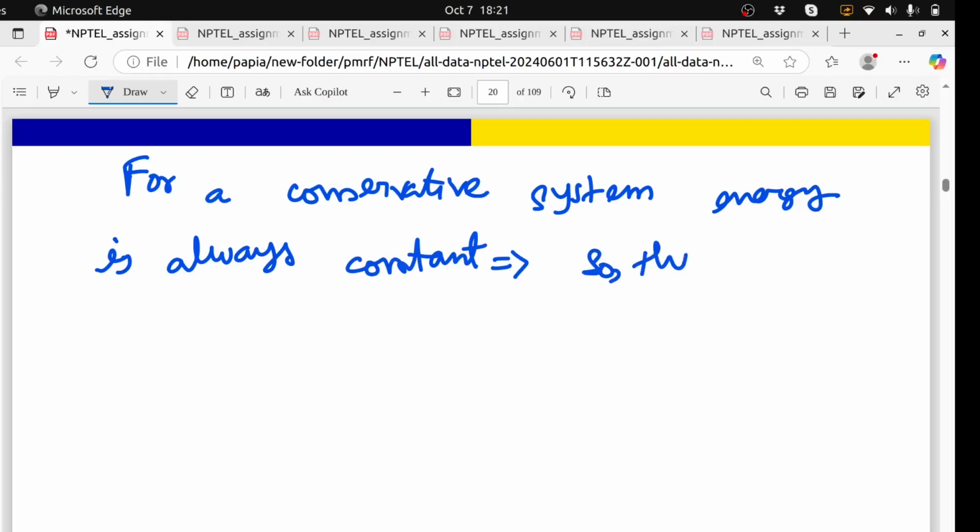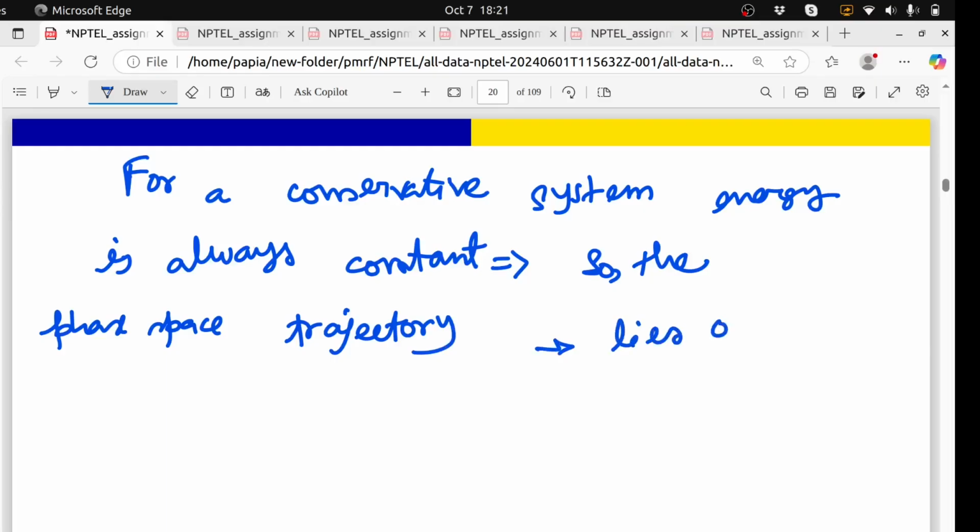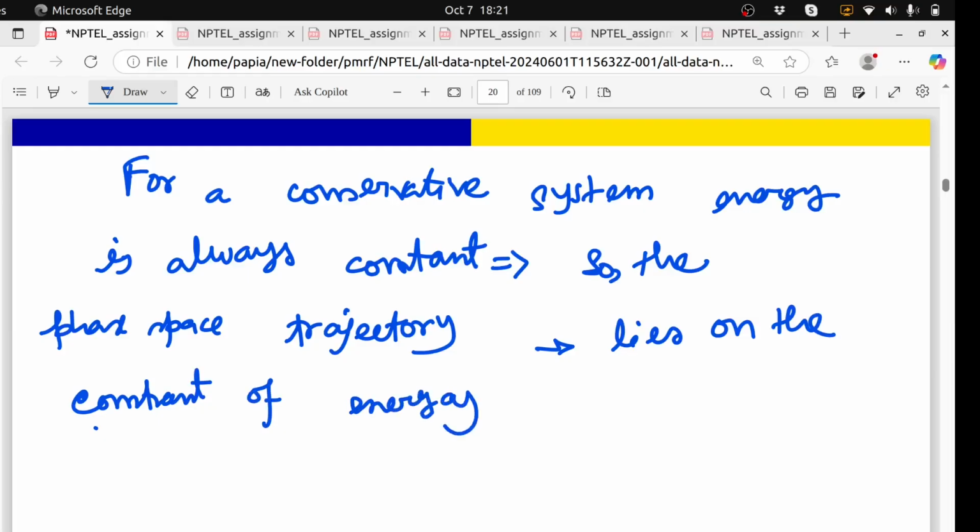So the phase space trajectory basically lies on the constant energy surface.